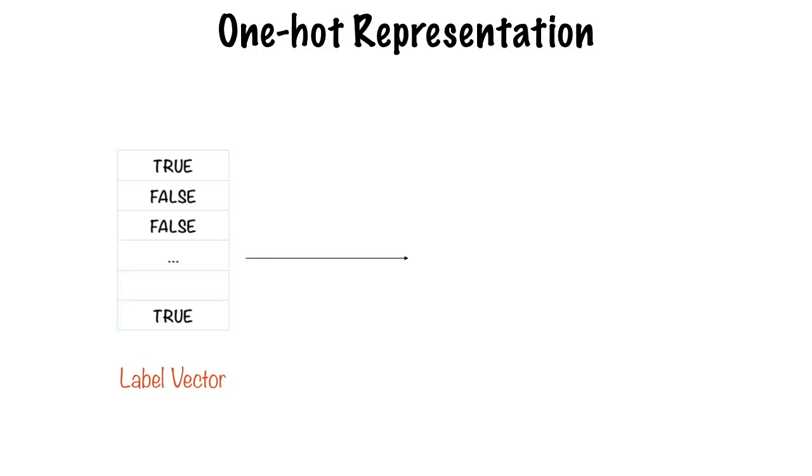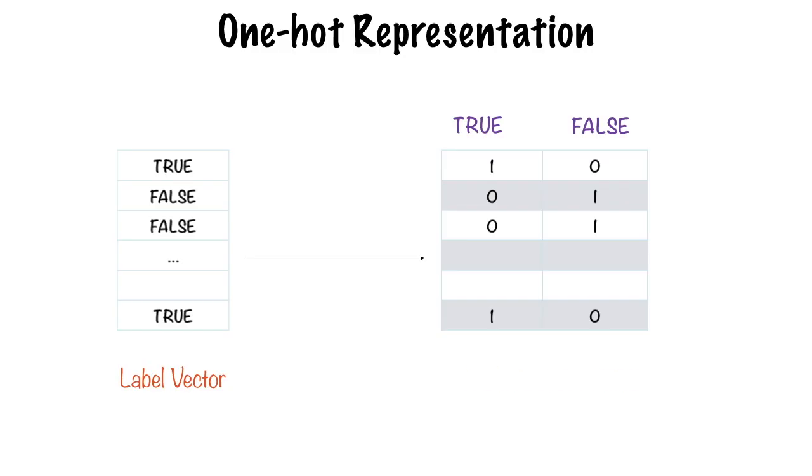Now, because the outputs of the neural network are obtained in this form, we also usually encode the actual values of the labels in something similar, and that form is known as one hot representation. Consider an example. Let's say that we have a label vector of true and false elements. The one hot label representation corresponding to this would have two dimensions.